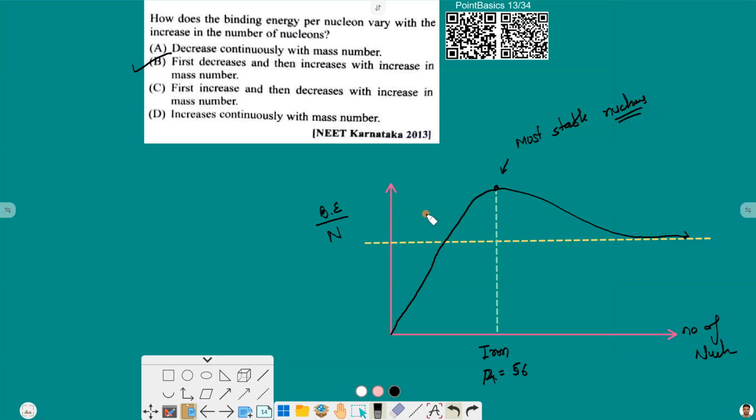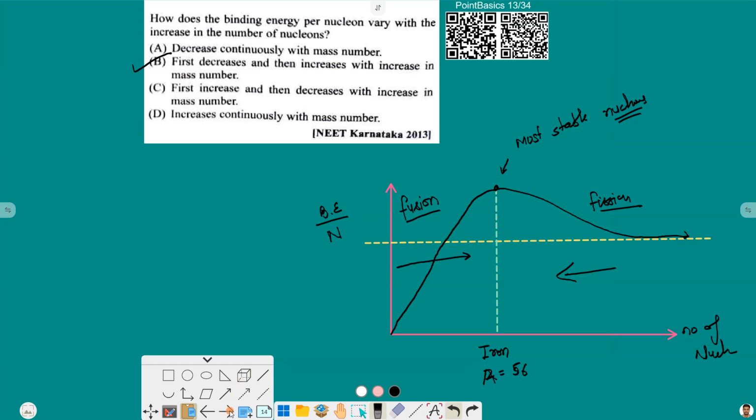Now below iron we have the fusion process. Nuclear fusion happens below iron, and nuclear fission happens after iron. It means all the nuclei with atomic number greater than iron will split and come close to iron, and all the nuclei with atomic number less than iron will fuse to form iron. So that's the basic process.